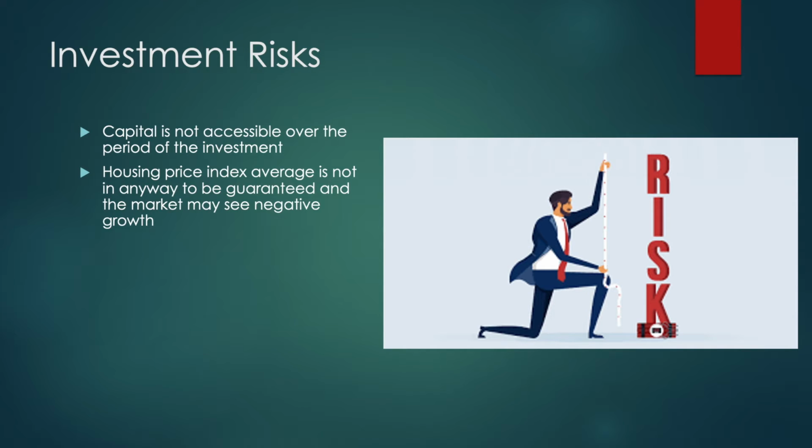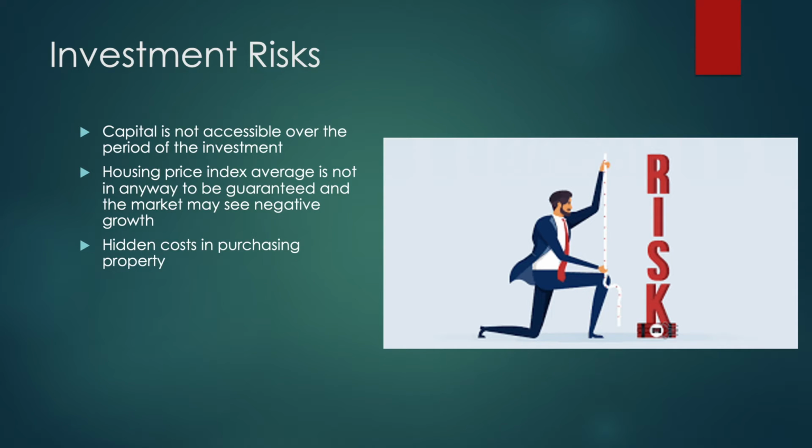Obviously, if we've only taken an average of the 3 years, it could be seen to have negative growth in the UK over the next couple of years, and my client could potentially see a negative return on that investment. However, it is fairly unlikely that over a longer period of time we would see an average negative growth, as the UK housing market previously has always seen growth over a long period of time.